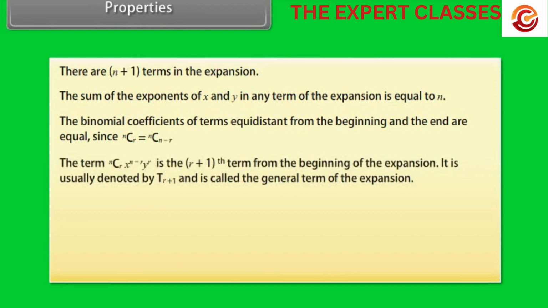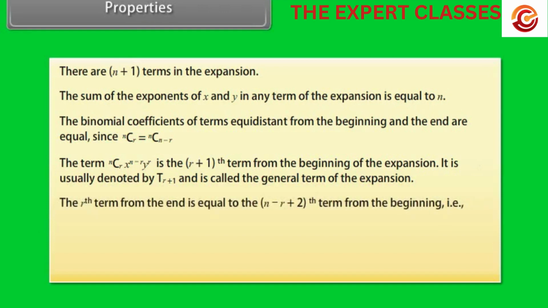The term nCr into x raised to power n−r into y raised to power r is the (r+1)th term from the beginning of the expansion. It is usually denoted by t(r+1) and is called the general term of the expansion.